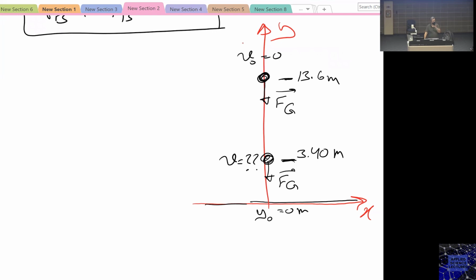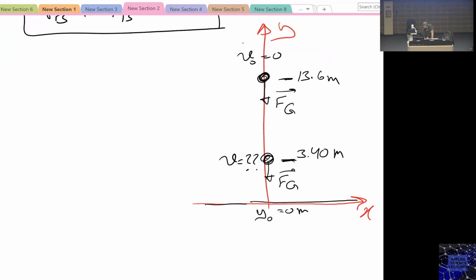Now, based on the conservation of energy, the summation of the potential and kinetic at 13.6 should equal the potential and kinetic at 3.4 meter. And this is what I'm going to do.